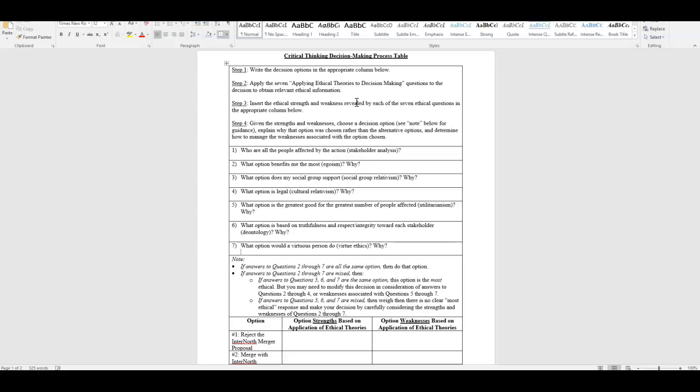Case number 1 in the Enron package is all about whether or not you, Ken Lay, as CEO of Houston Natural Gas, should accept an offer, and it's really a takeover by Internorth, which is 3 times larger than you.